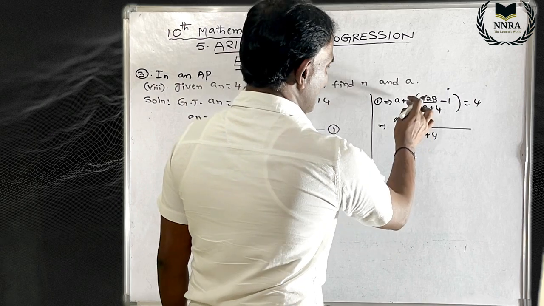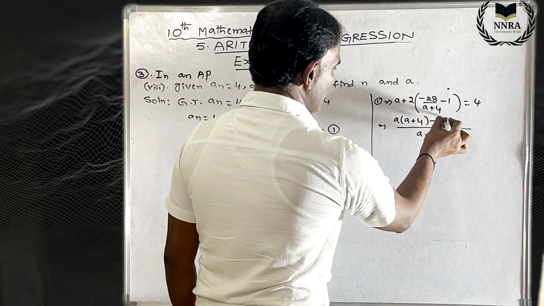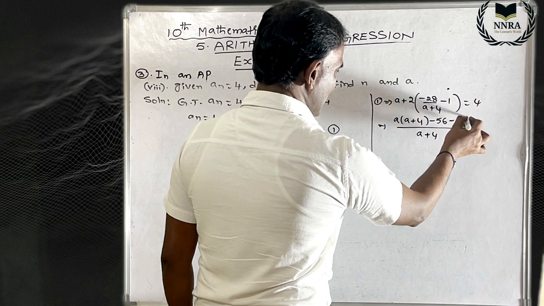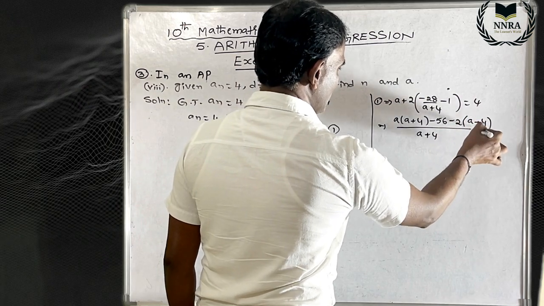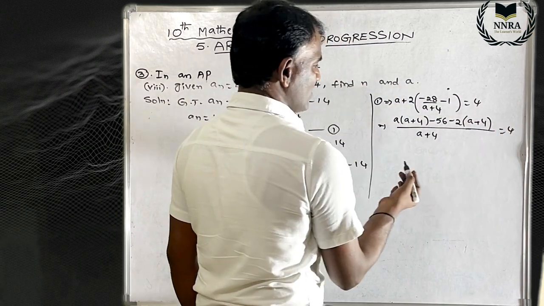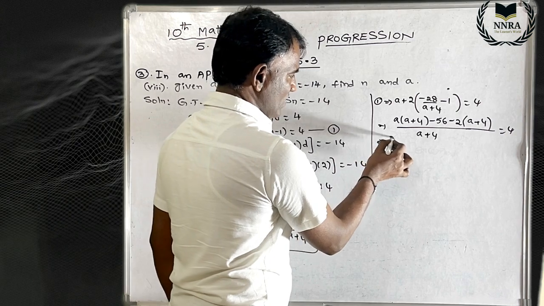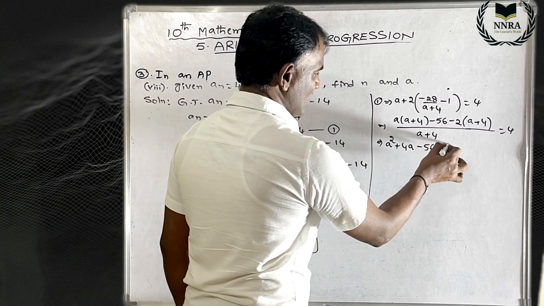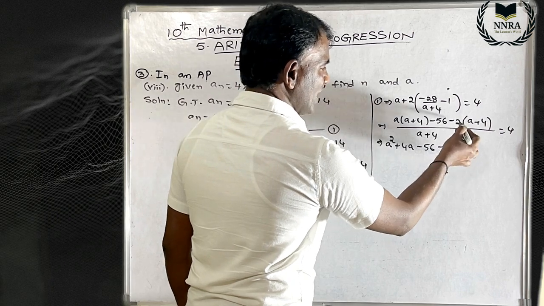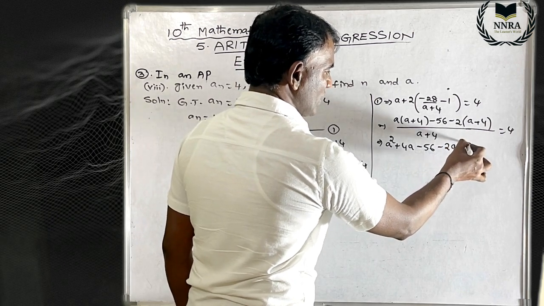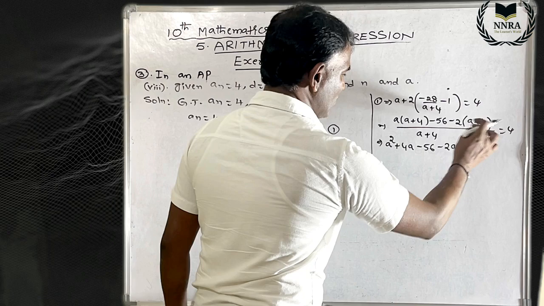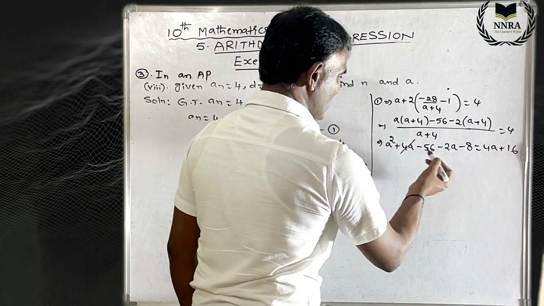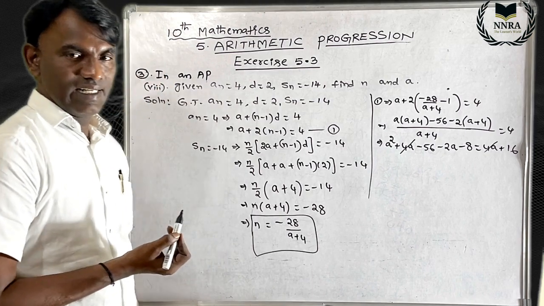And here minus 2 into 28, minus 56, again minus 2 into a plus 4 equal to 4. Now the first term is a square, 4a, minus 56, minus 2a, then minus 2 into 4, 8. Now 4 into a is 4a and 4 into 4, 16. That 4a gets cancelled.